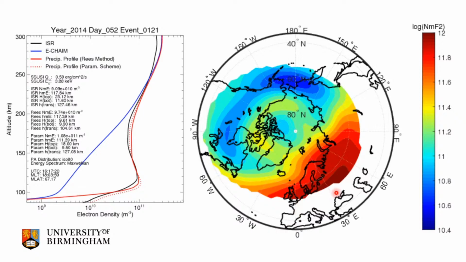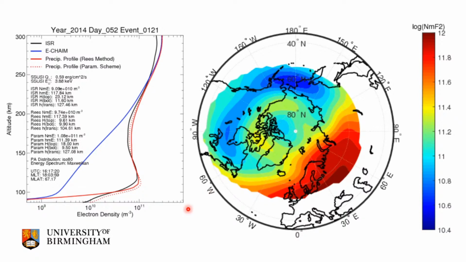So in this case, the sun is located over here, and you can see there's a substantially larger electron density in the region where we have photoionization towards the sun, then into the night side, or the region that's not sunlit over here. You'll also note this auroral zone here, where we have an enhancement in electron density surrounding the polar cap.